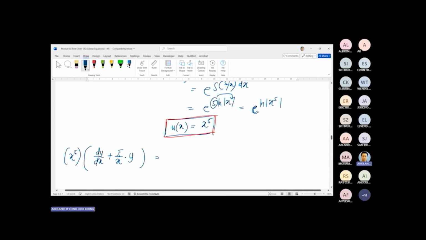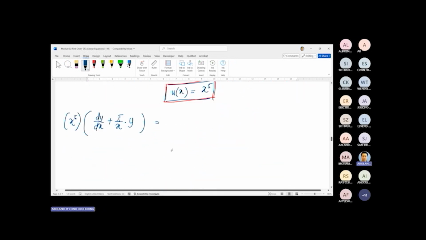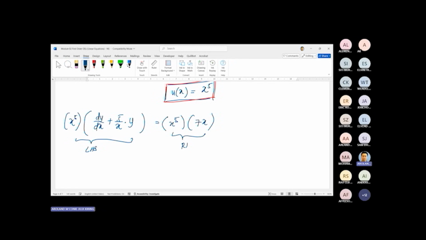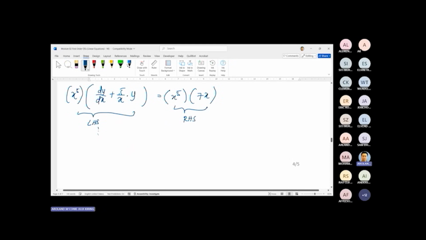And for the right hand side you have 7x, so x to the power of 5 multiplied by 7x. This we call the left hand side of the equation, and this one we call the right hand side of the equation.